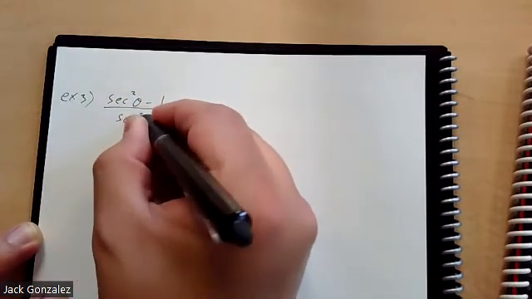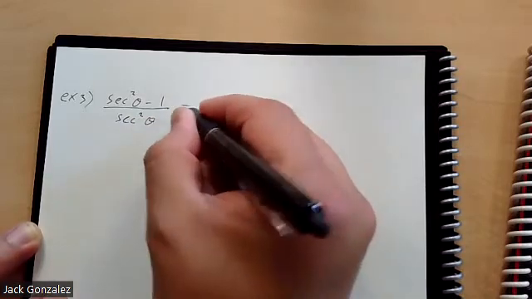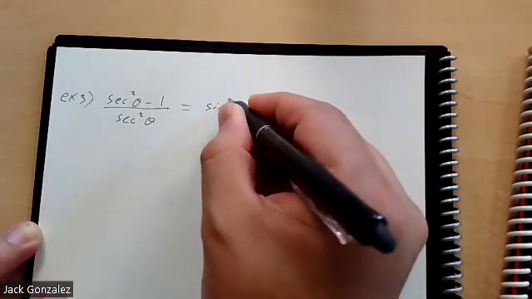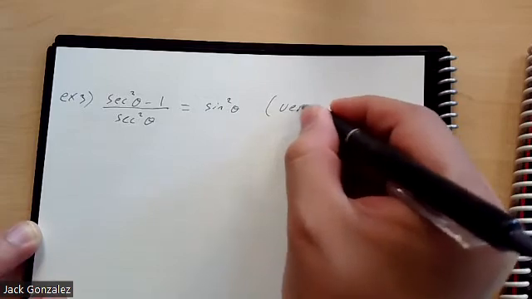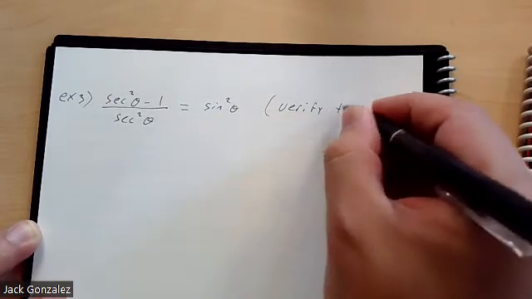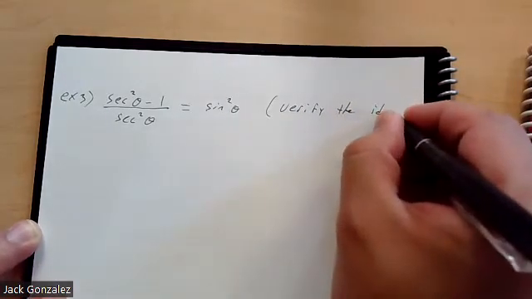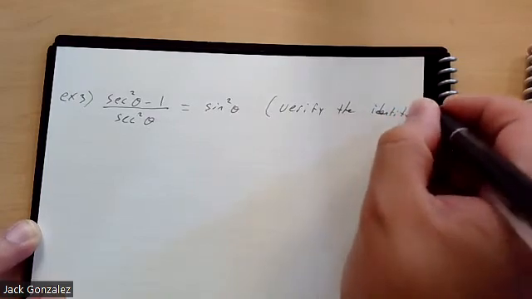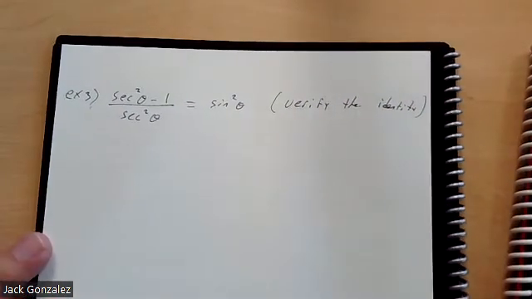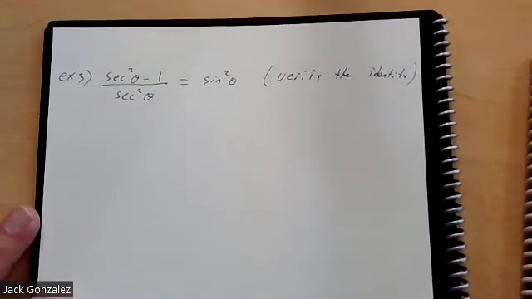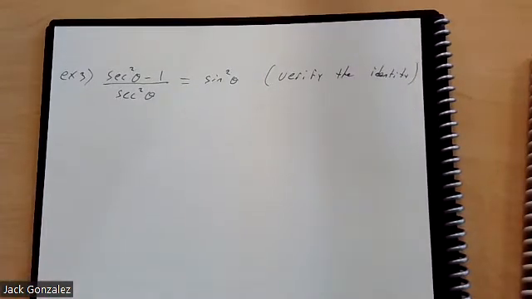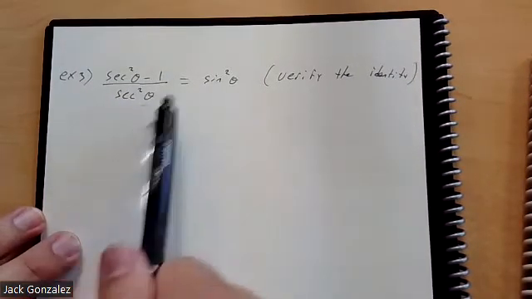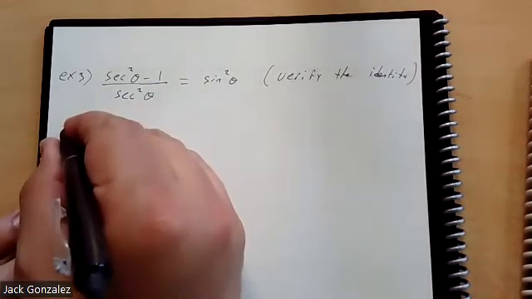This one has a ton of squares. Obviously, we want to choose the left-hand side, right? So this just looks disturbing. So let's start there.